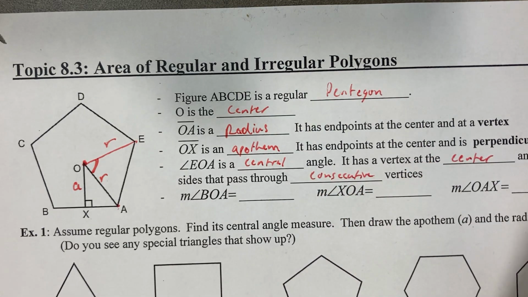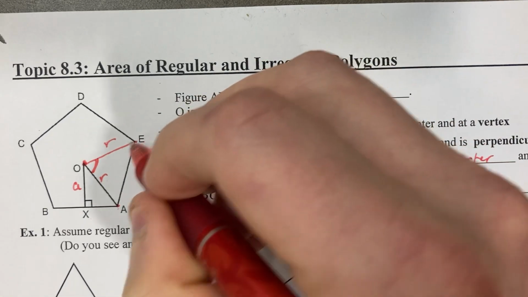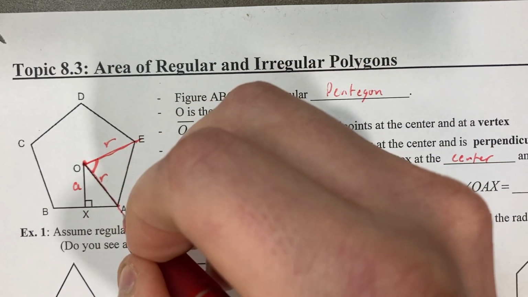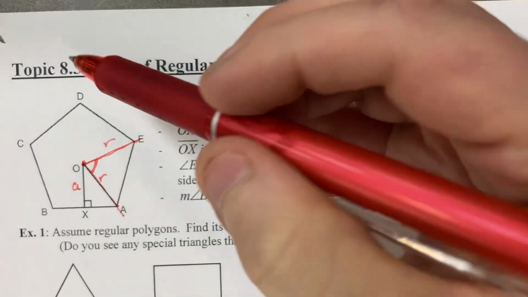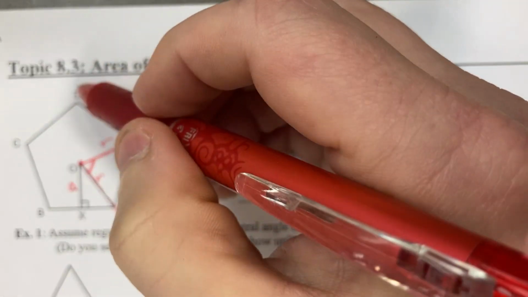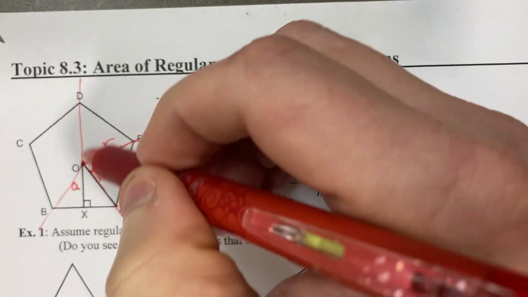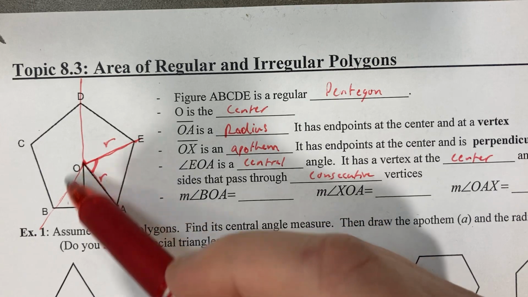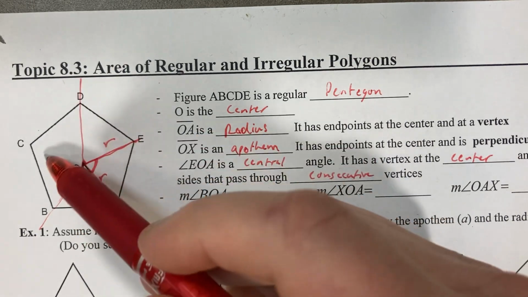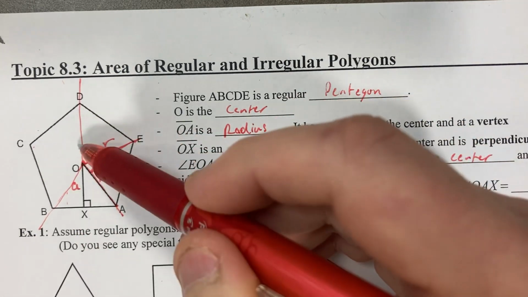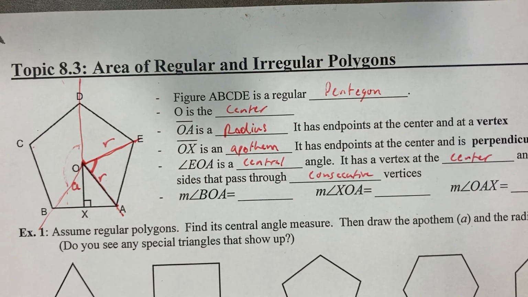Okay, it has to be consecutive, meaning it has to go through E and A. For example, this would technically not be a central angle because it skips C. You know what I'm saying? Like this angle right here, skips C.